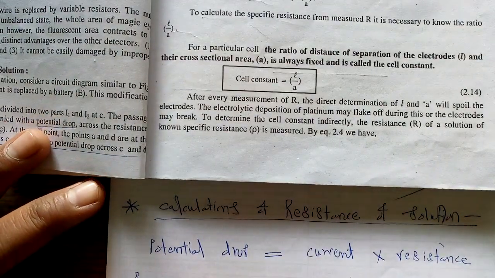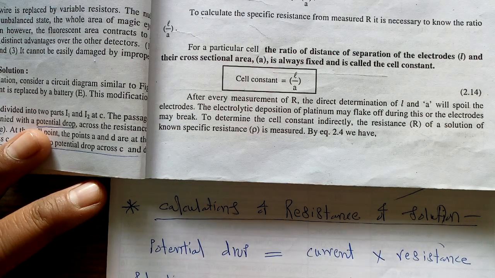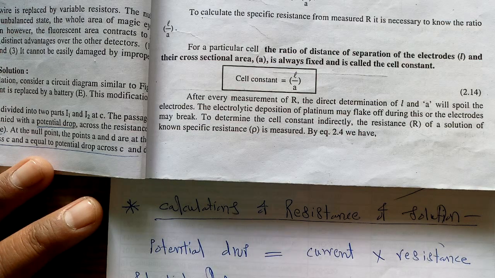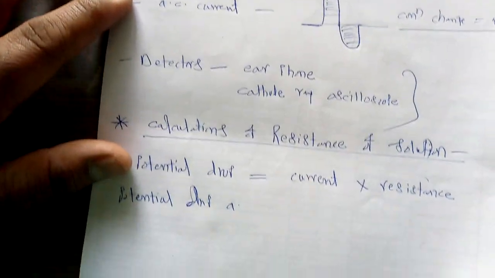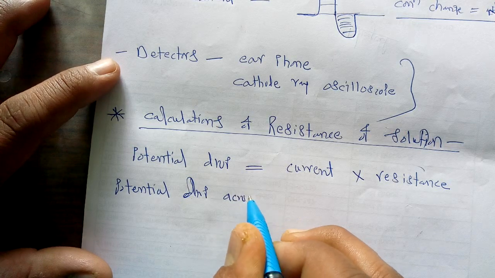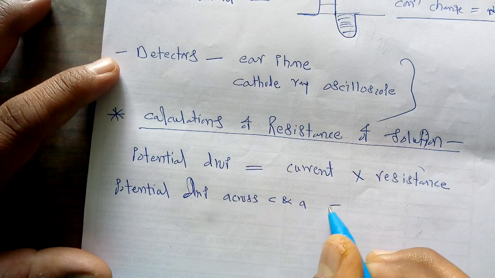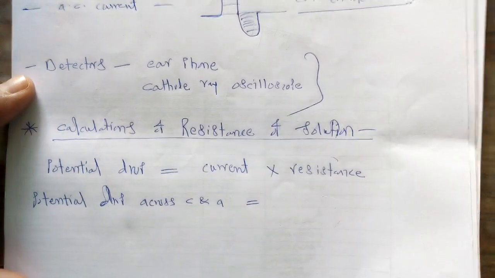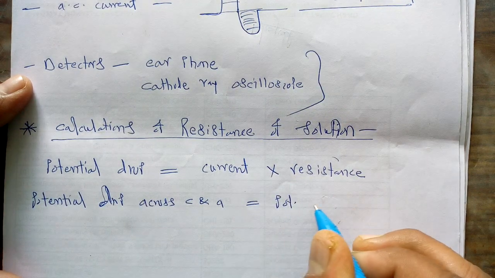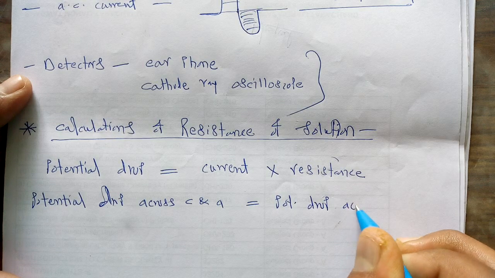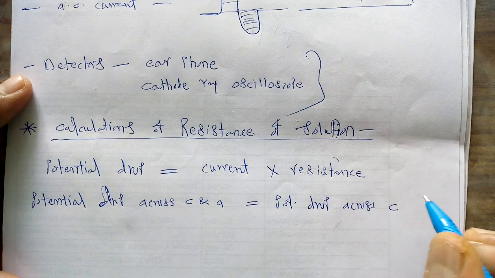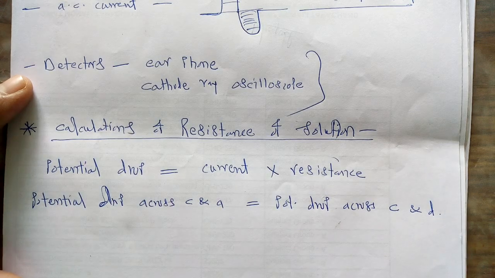So we can show that the potential drop across C and A is equal to the potential drop across C and D. It is very simple.